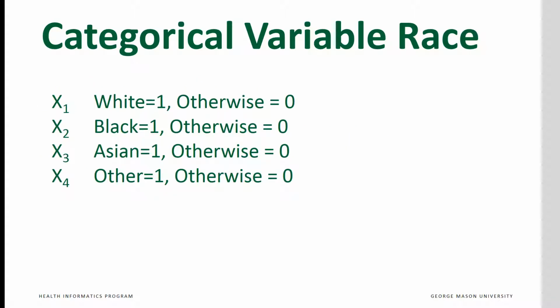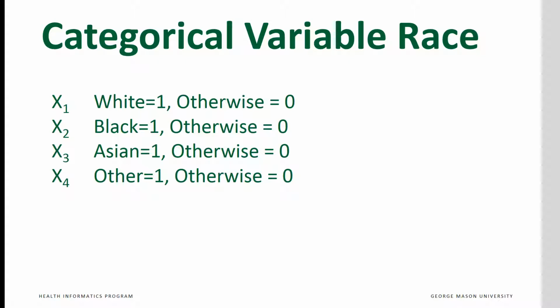For example, consider patient's race. It has multiple categories including white, black, Asian, and other. Each category can be turned into a new binary variable. Thus, we can have a binary variable called white. Its value will be 1 if the patient is white and 0 otherwise. Another binary variable called black will be 1 if the patient is black and 0 otherwise.